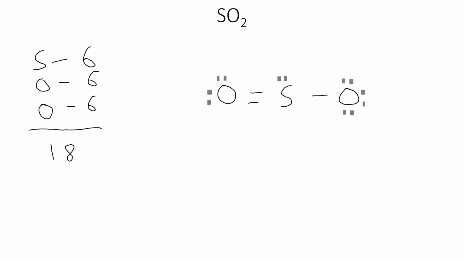So now, if we just count out our formal electrons, we'll start with the oxygen on the left. The lone pairs are definitely going to be oxygen's electrons. So 1, 2, 3, 4. Now in terms of the bonds, remember bonds get split, 1 electron to each member of the bond.